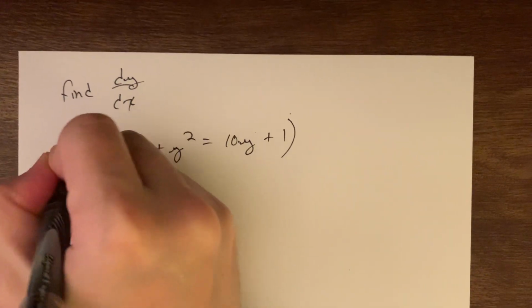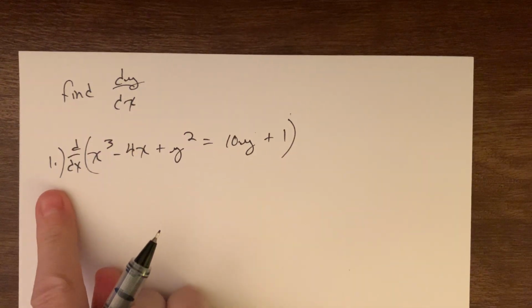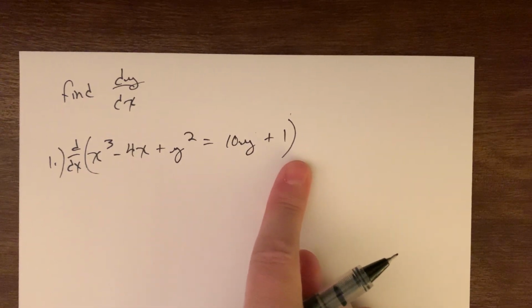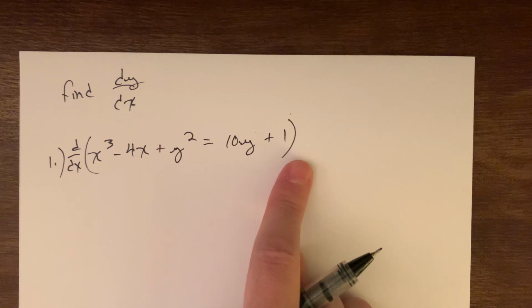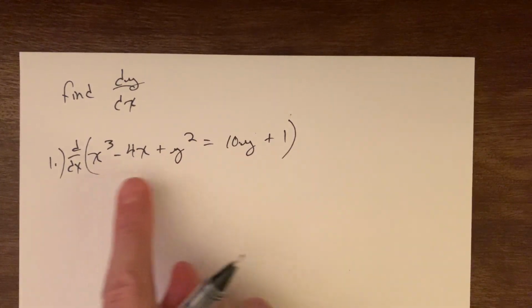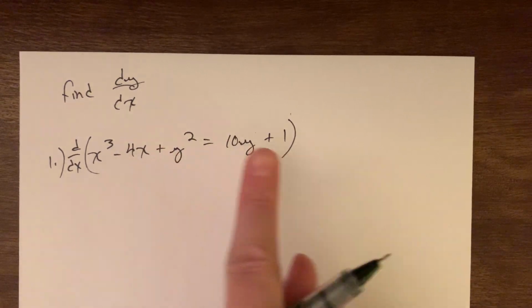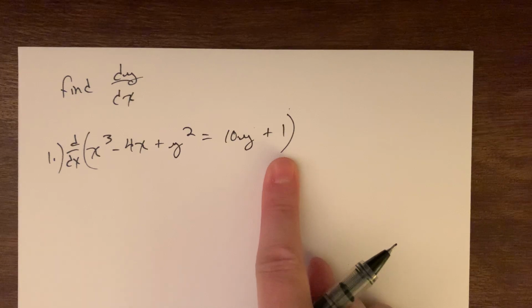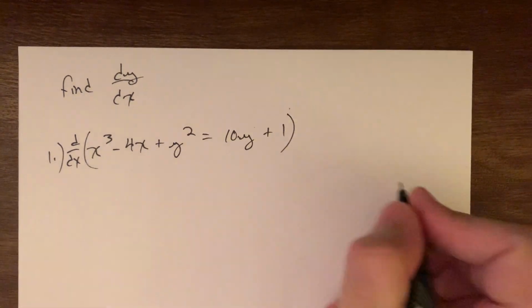So I will take the derivative with respect to x, but everything's ready to go. Nothing fancy, nothing that needs any rewrites or anything like that. Everything is just nice, simple pieces attached by addition, subtraction on both sides of the equation. There's no rewrites, nothing fancy at all. So a straightforward left to right.